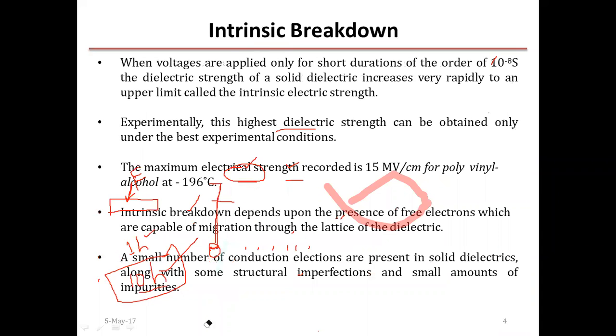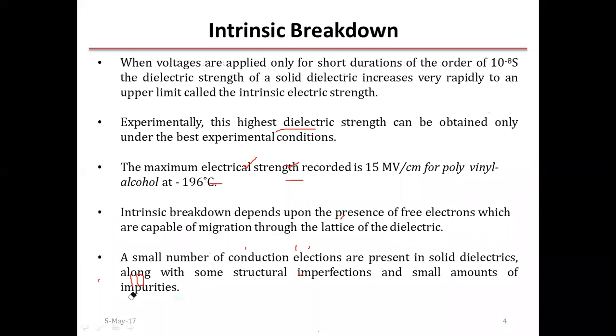When the voltage is applied only for a duration of the order of 10 raised to the power minus 8 second, which is a very low time, it means the second has been divided into 1 divided by 10, 100, 1,000, 10,000, lakh, 10 lakh, crore. So 1 crore units of the second.